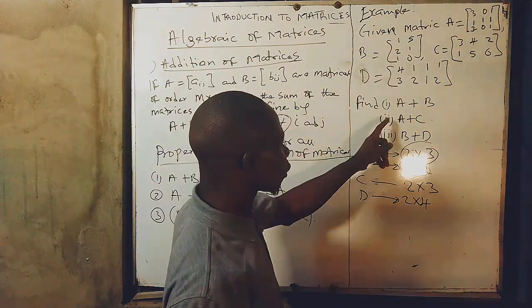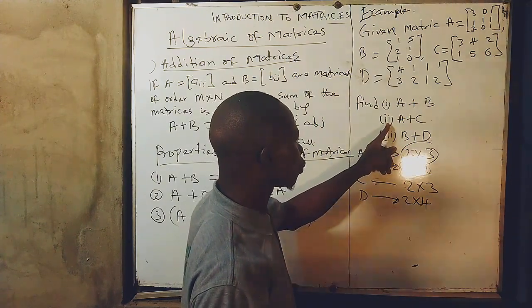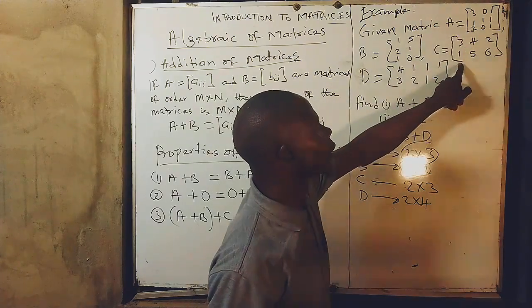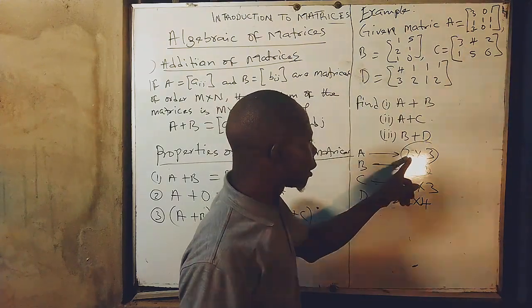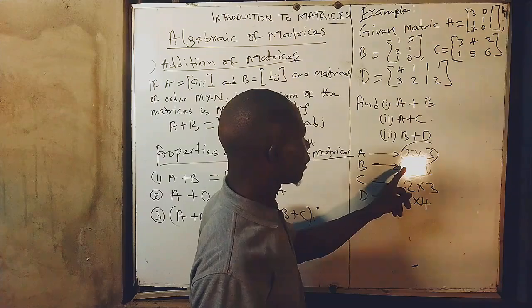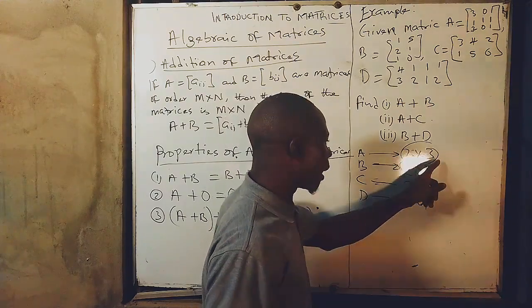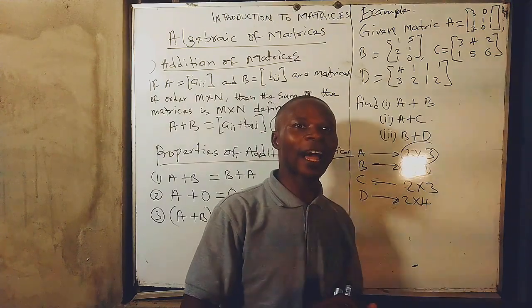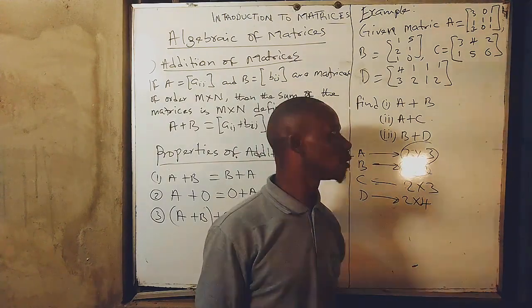If you also check Roman numeral 2, A plus C: A is a 3 by 3 matrix, C is a 2 by 3 matrix. As a result of that, they cannot be added.